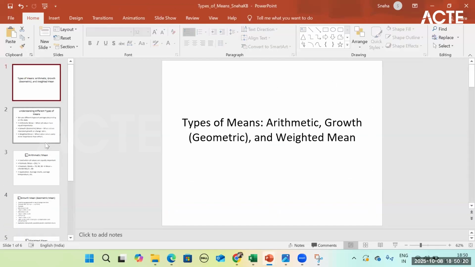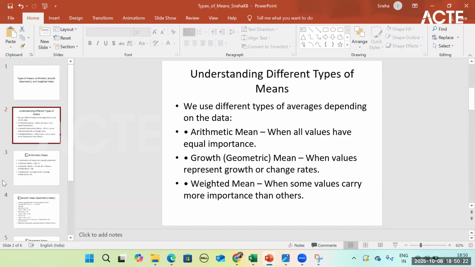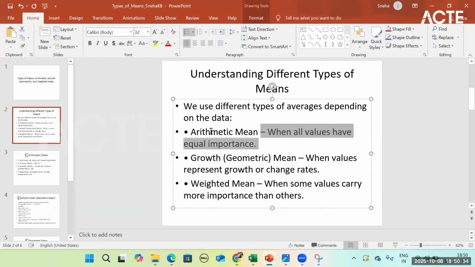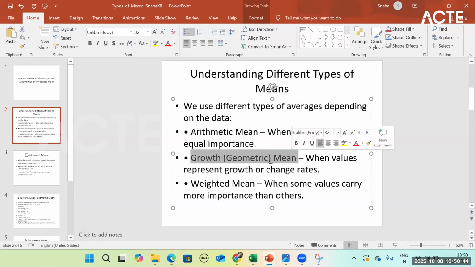This is the way of calculating the middle value when you have different types of data, right? Yes, ma'am. When all the values have equal importance, then we calculate the arithmetic mean. When the values represent growth or changing rate, then we use growth or geometrical mean.